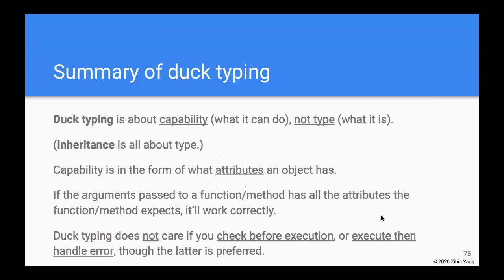Now, as a summary of duck typing, duck typing is all about capability, what an object, what an instance can do, not about the type of that object. That is in contrast to inheritance, which is all about type, right? And when we talk about capabilities, it's always in the form of the attributes of an object, the data members or the methods that the object has.